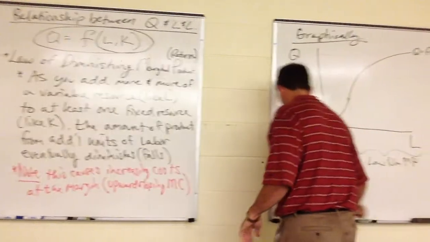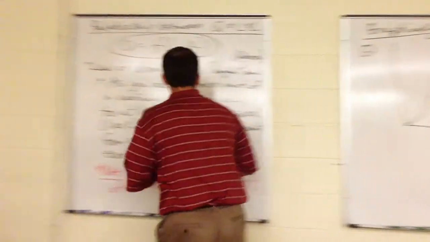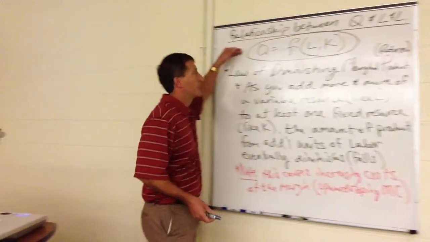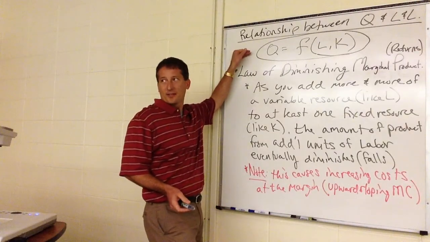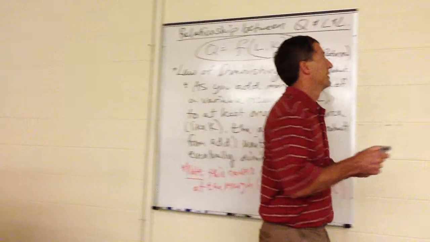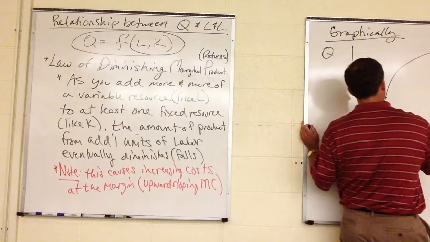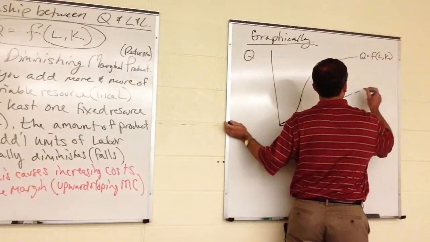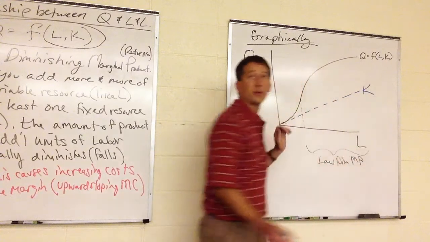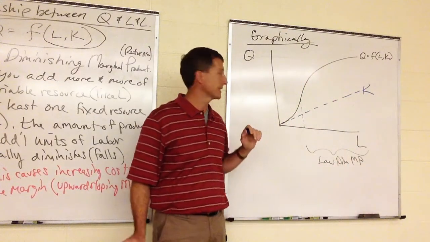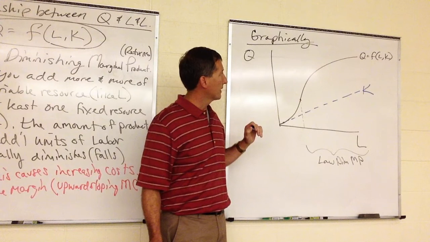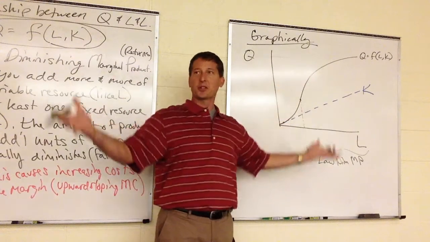All right. So now it gets a little more interesting if we imagine what this thing looks like three-dimensionally if we had a capital axis. What does that function look like?